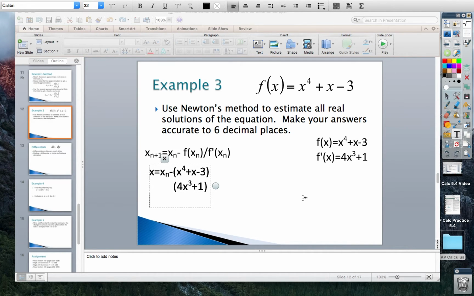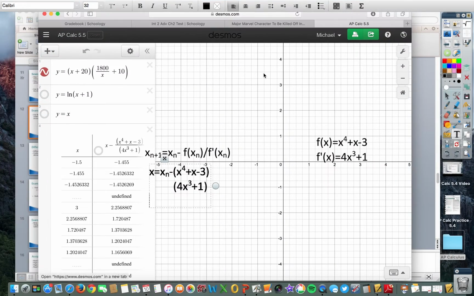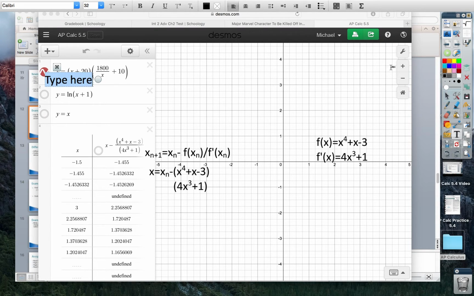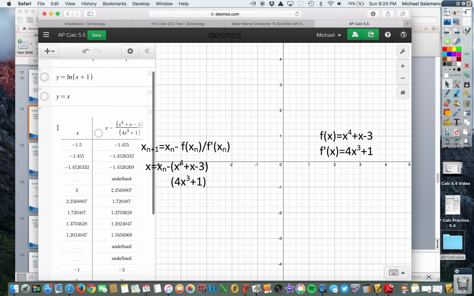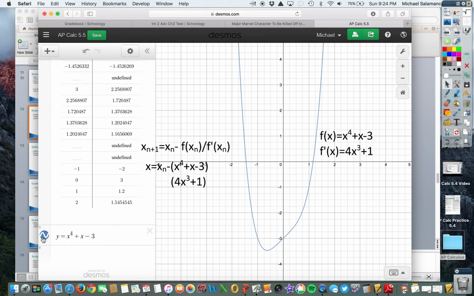Now, we asked you to take a guess at this. So that's exactly what we're going to do. Now, keep in mind, we're going to look at the graph just to make this a little bit easier for us. So what we're going to do is turn on that graph, and notice I'm using Desmos. You could do this on your graphing calculator. So here's the function.